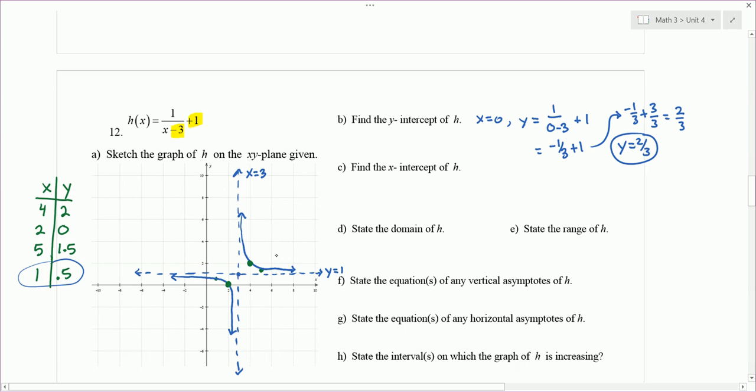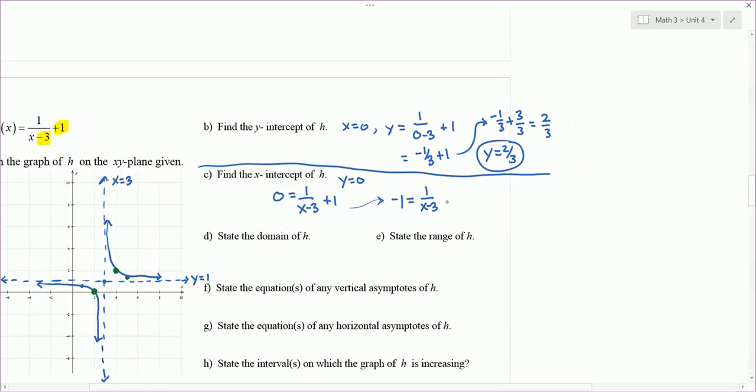Find our x-intercept. Again, looking at the graph, I think we already found it. Right here at 2, 0. We know exactly where it's crossing. But let's just go through the work to confirm. To find any x-intercept, you set y equal to 0 and solve for x. So if we do that, we end up with 0 equals 1 over x minus 3 plus 1. Solving this, we need to subtract 1 from both sides. We get -1 equals 1 over x minus 3.